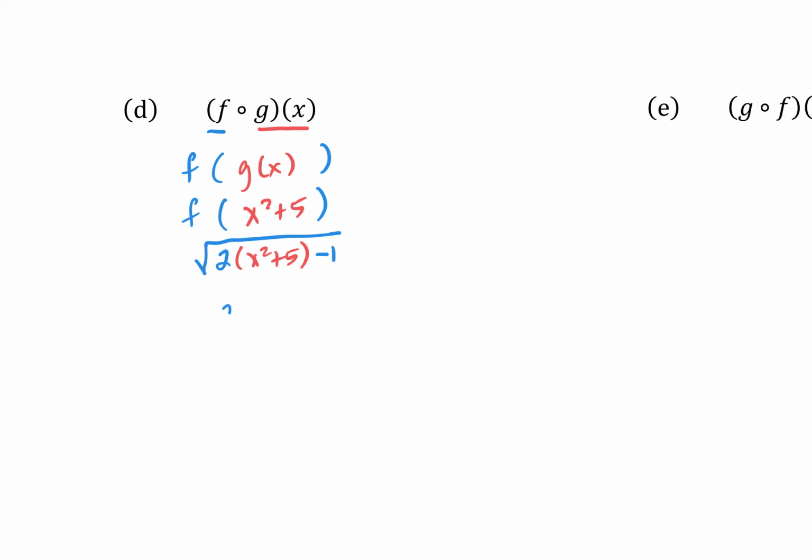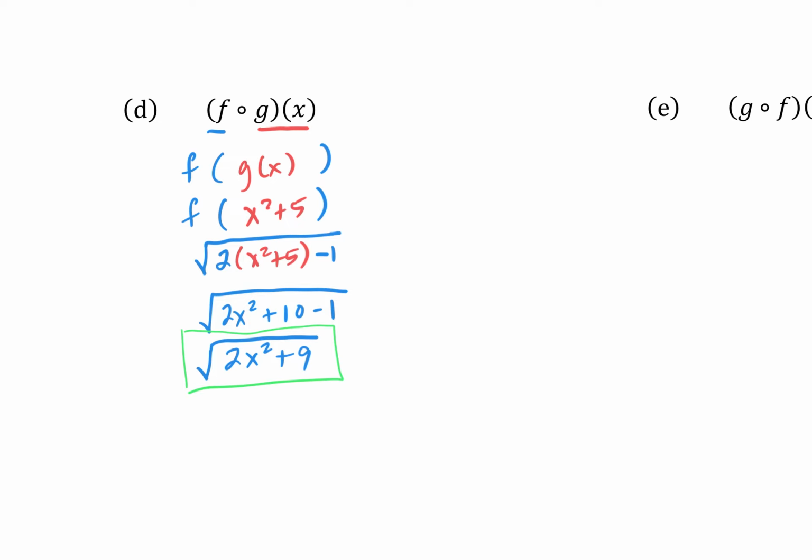It becomes the square root of 2x squared plus 10 minus 1, which is going to be 2x squared plus 9. And that's as far as I can go. So this is my new function f of g.